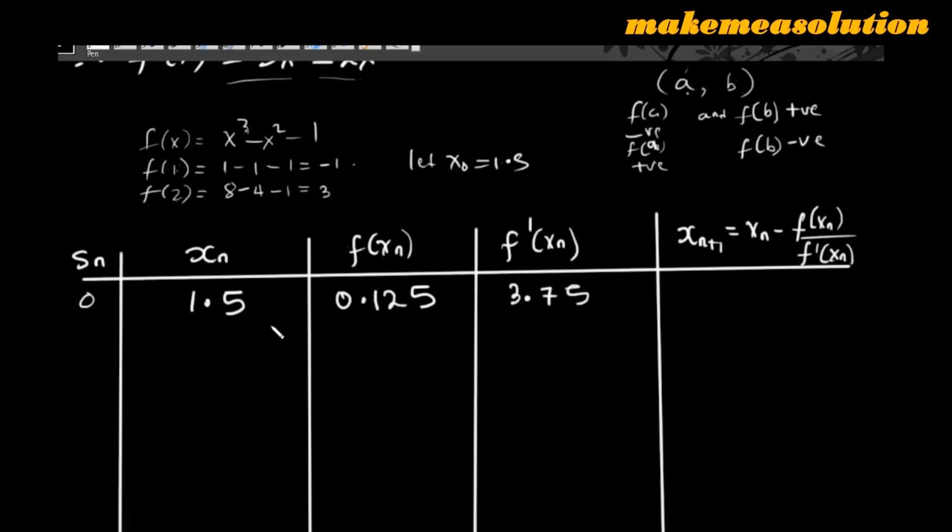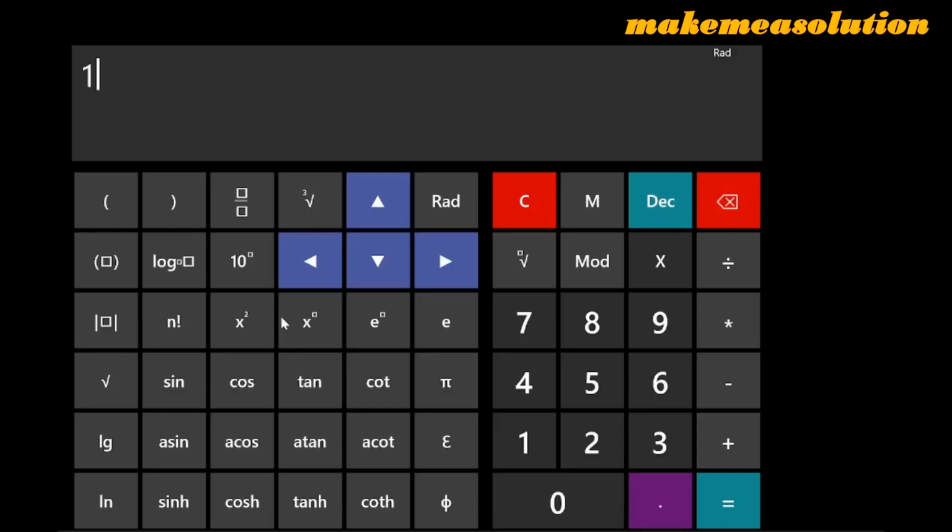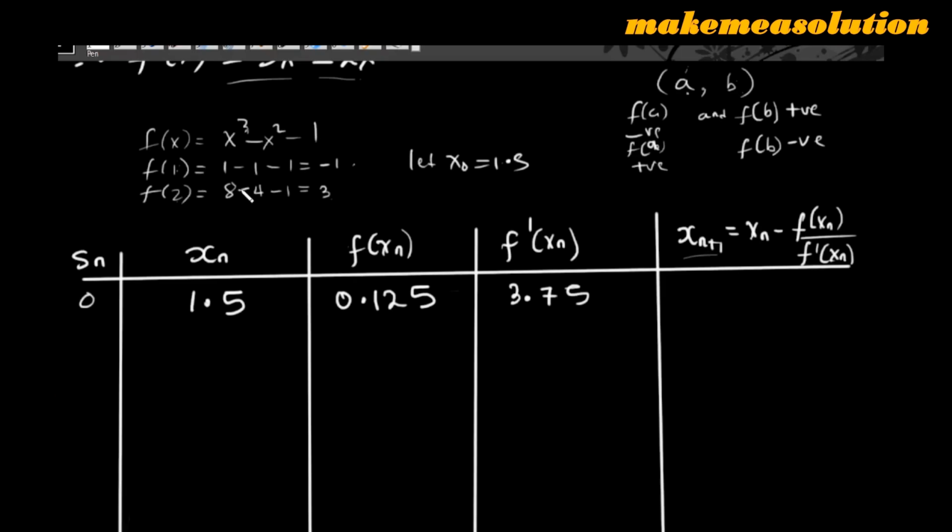So now that I've gotten this point, that's my f of xn and f prime of xn, I can now substitute them into this formula to get the new xn plus 1. So the new xn plus 1 will be the old xn, 1.5, minus the ratio between f of xn and f prime of xn.